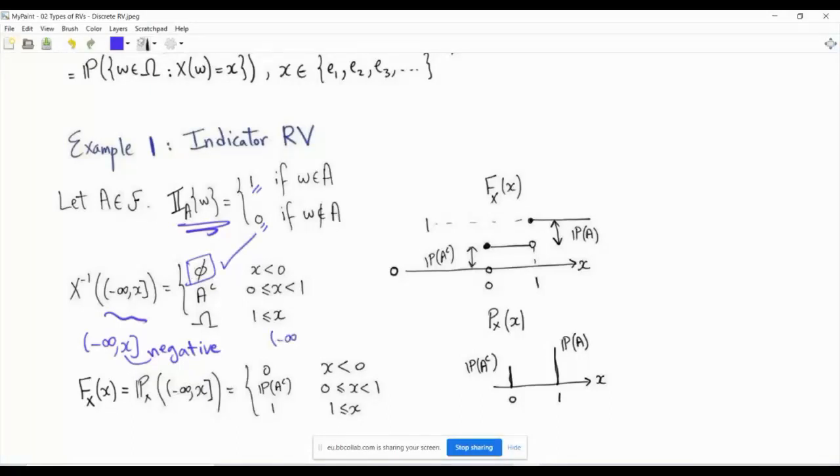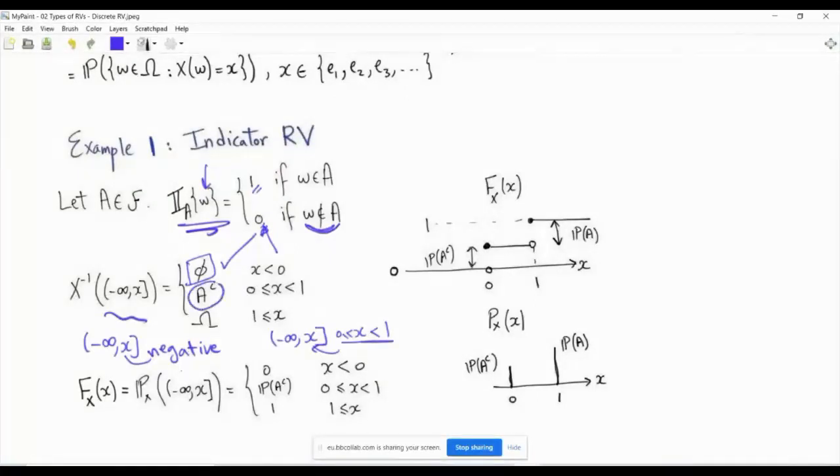Now you take again those infinite intervals, and now x is living between 0 included but strictly less than 1. Then what are the elements of big omega that are mapped to 0, right? Any element in big omega is mapped to 0 if omega is not in A. So what is the pre-image?